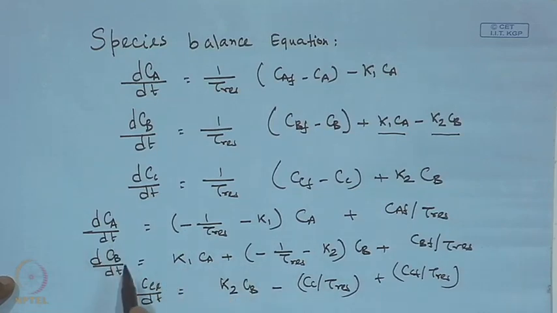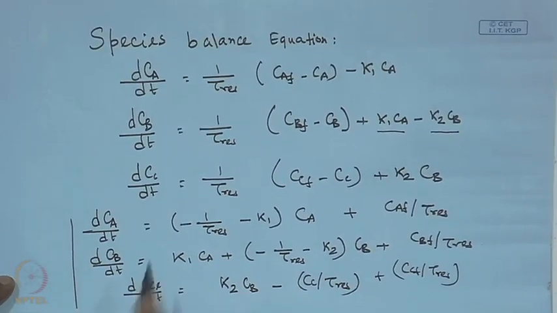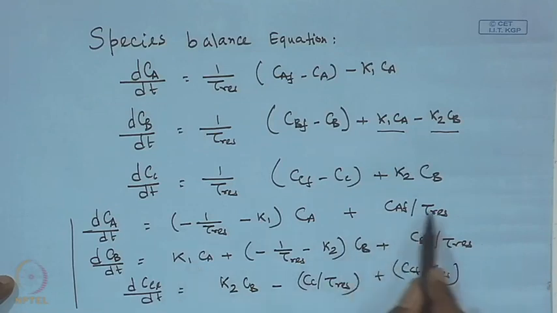So, this will be the dx dt part, where the components were CA, CB and CC. These were the coefficient matrix, and combining these terms corresponds to the non-homogeneous part.